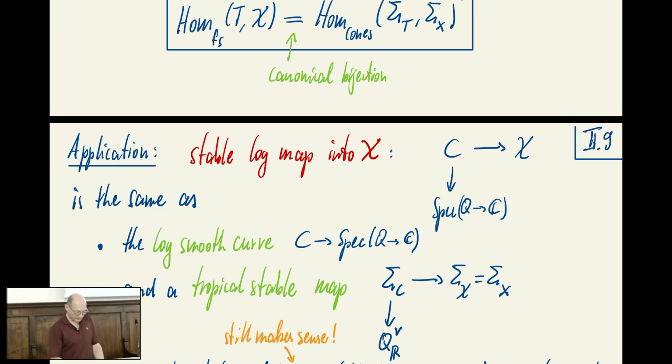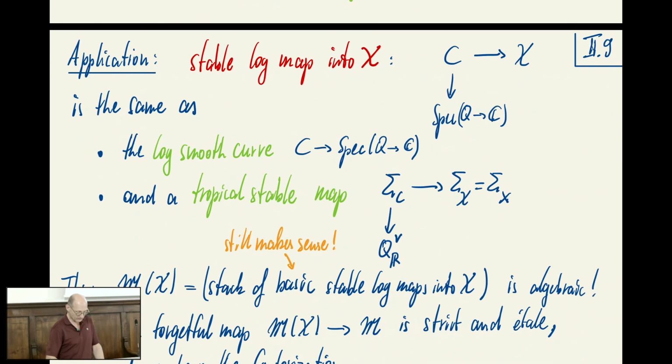So the stack frac M of curly X, the stack of basic stable log maps into curly X, is an algebraic stack. Basicness still makes sense, right? It was just something about tropicalizations. And it's very close to the ordinary stack of nodal curves together with some log smooth structure. Okay?